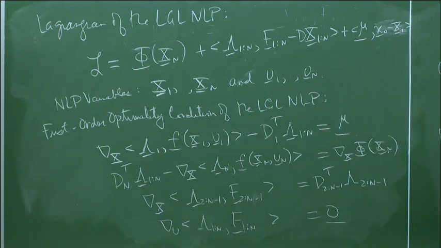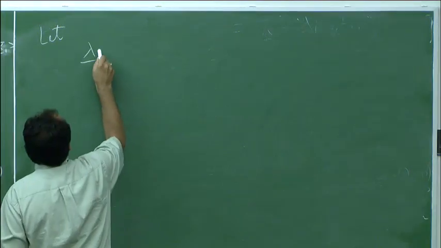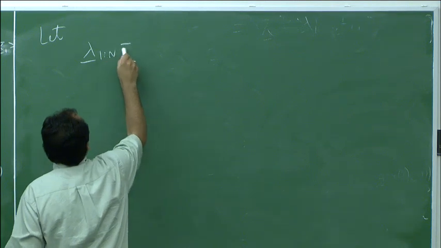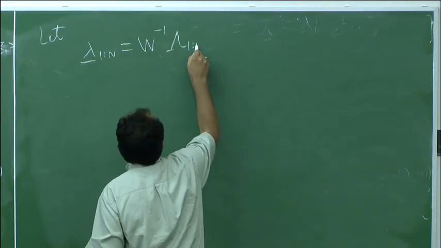So now what we're going to do is, in a manner similar to what we did with Gauss and Radau, we're going to define another matrix, which allows us to transform the multipliers accordingly. So let the following be true. Lambda 1 through n is going to equal W inverse times capital lambda 1 colon n.